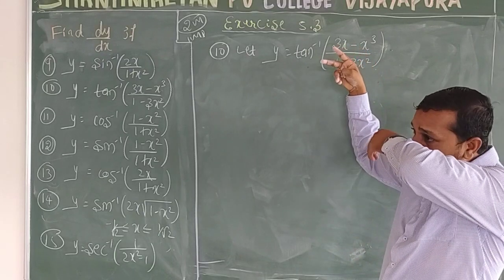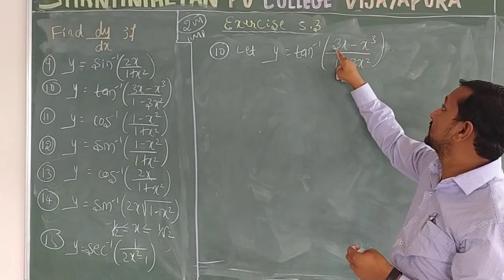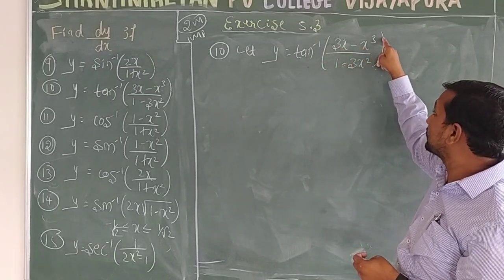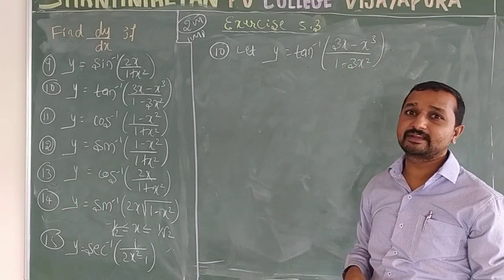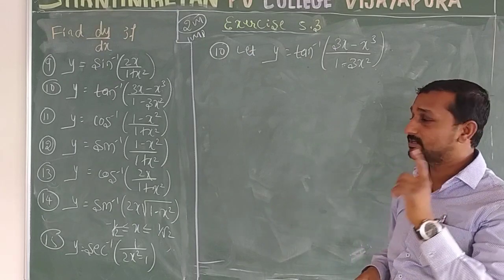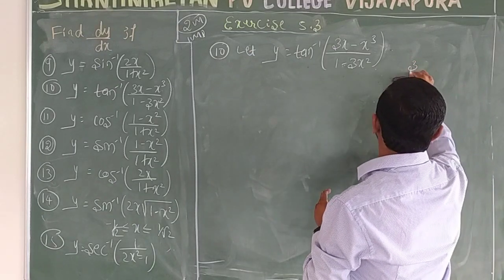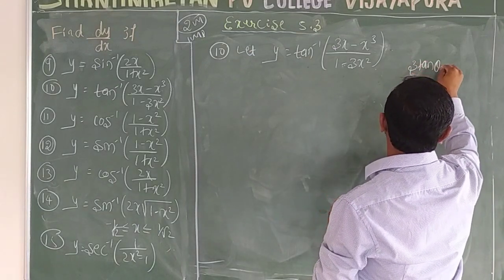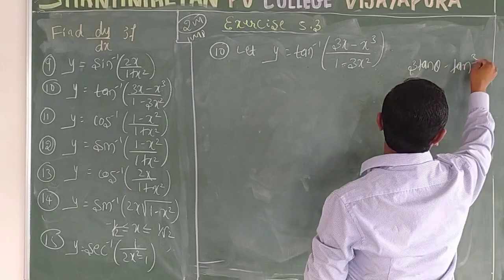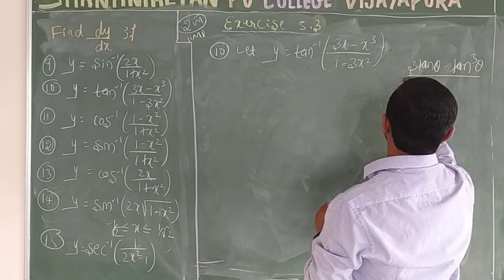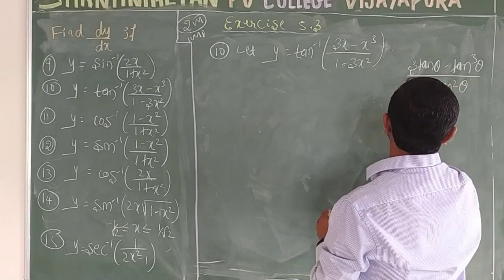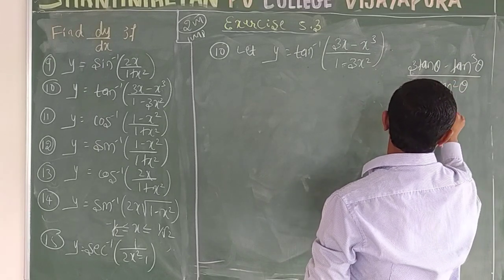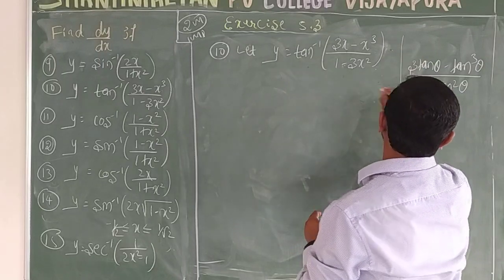Okay? So already we know one formula, that is 3 tan theta minus tan cube theta divided by 1 minus 3 tan square theta. It is nothing but the tan 3 theta formula. So remember, students, 3 tan theta minus tan cube theta divided by 1 minus 3 tan square theta is nothing but the tan 3 theta formula.